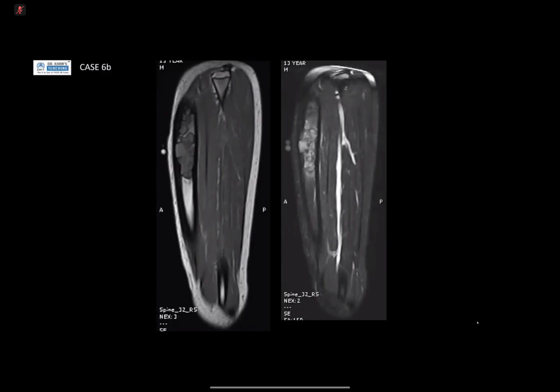Does the MRI help you at all? Yeah, so now the lesion has overgrown its origin and extended a bit into the soft tissue with an exophytic component. And it's T1 hypo and mixed intensity on T2.